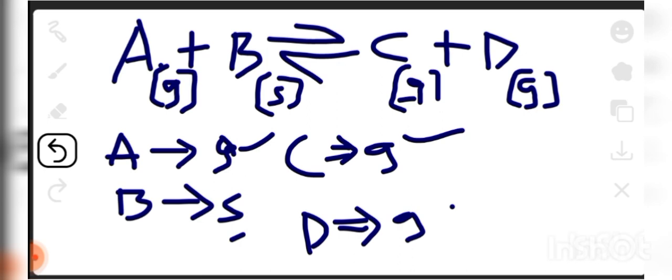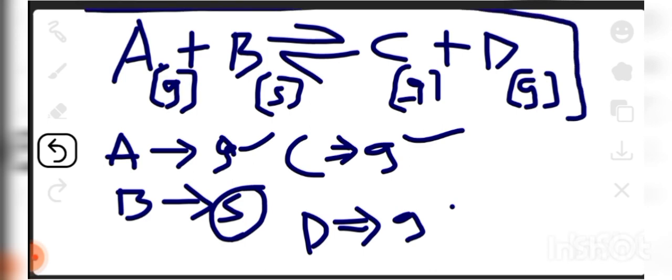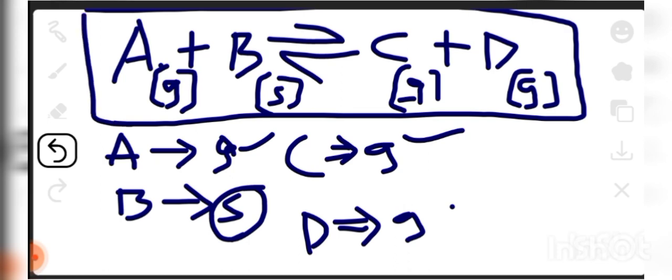Everything is not present in the same phase. B is not in gaseous state, it's not aligning with the others. So in something like this, in which one or more of the reacting species are in a different phase than the others, we call such a reaction a heterogeneous reaction. So the equilibrium we are going to get here is heterogeneous equilibrium. Then the equilibrium we have in homogeneous reactions is homogeneous equilibrium.